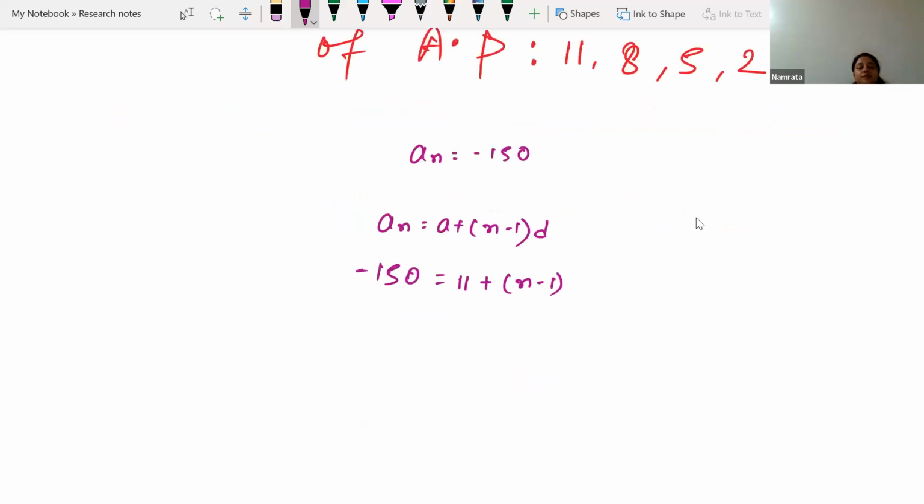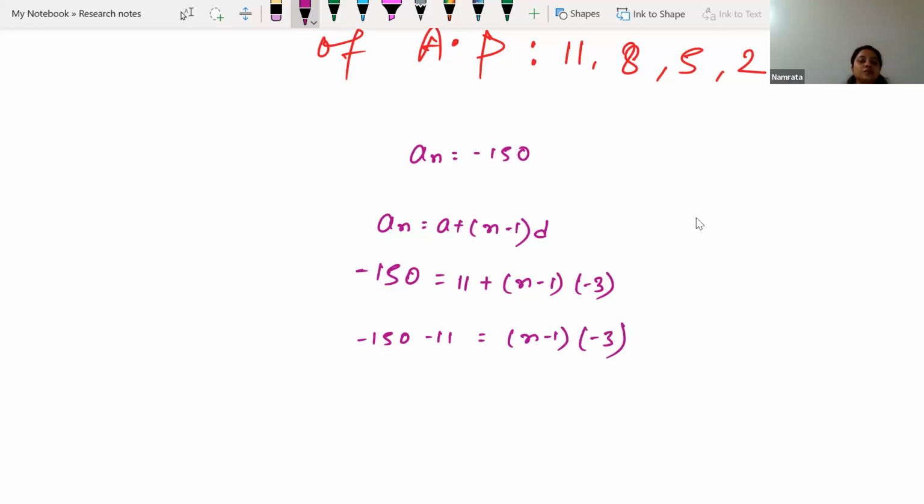What's d over here? Minus 3. So let's do that. Minus 150 minus 11 is equal to n minus 1 times negative 3.